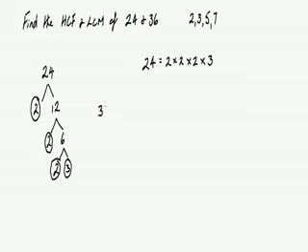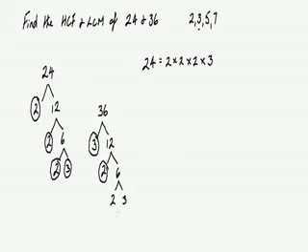Now we go to 36. I know 3 goes into 36, and that goes 12 times. So 3, as we can see up here, is a prime. 12, well, let's go 2 and 6. You could have gone 3 and 4, that's fine. And 2 again is prime. 6 isn't prime, so 6 is 2 times 3.